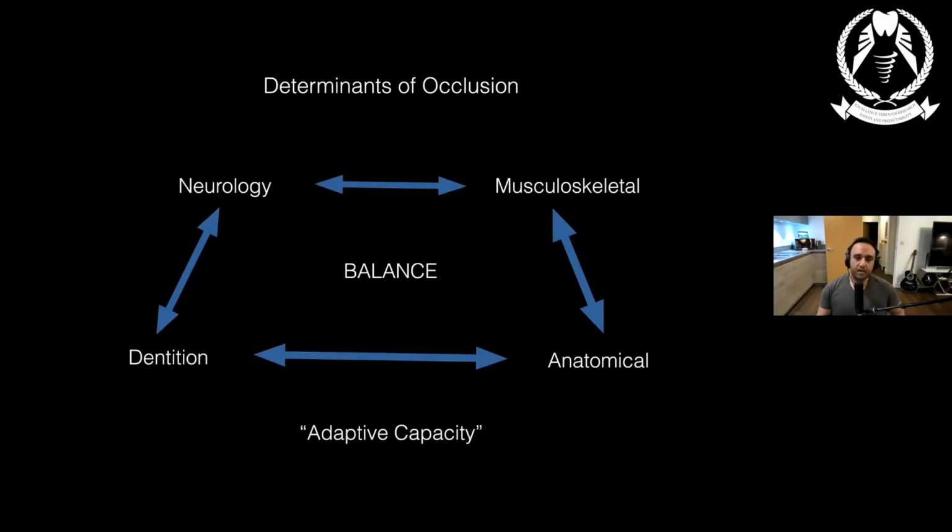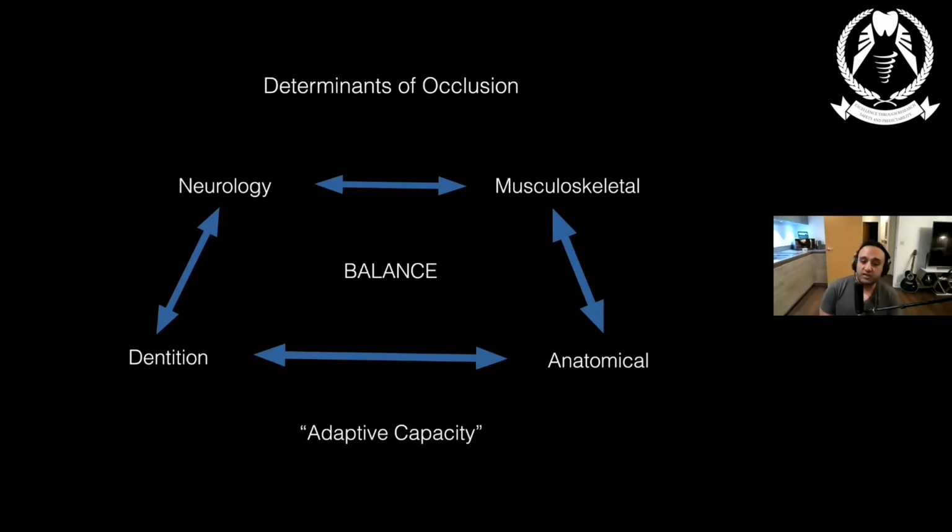So what we really have to think about is, what determines occlusion? What is it in itself? Well, it's a balance. The way I think about it is it's a balance, and every person's a little bit different on this balance. It's a balance between the neurology of your patients, the musculoskeletal bases, or the tension in the muscles, and the skeletal bases, their anatomy.